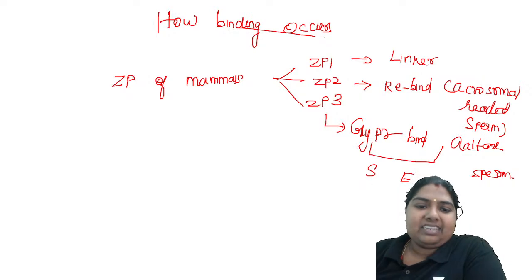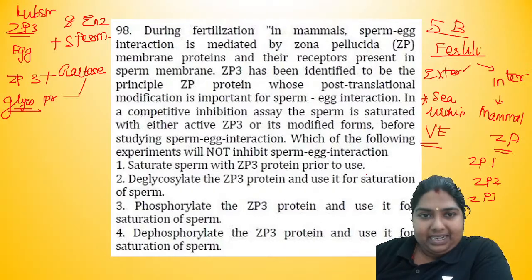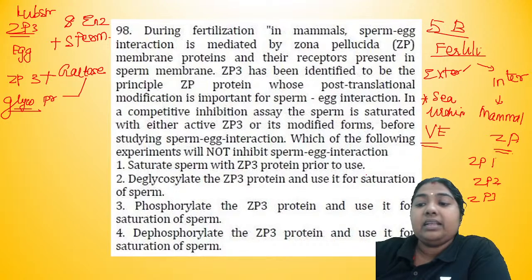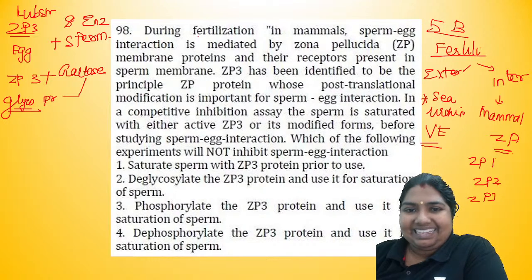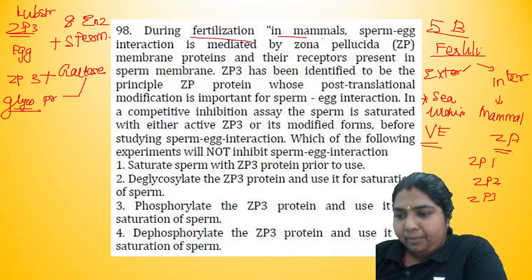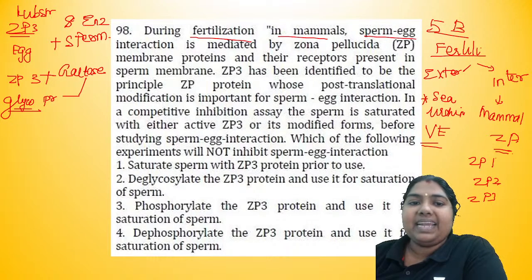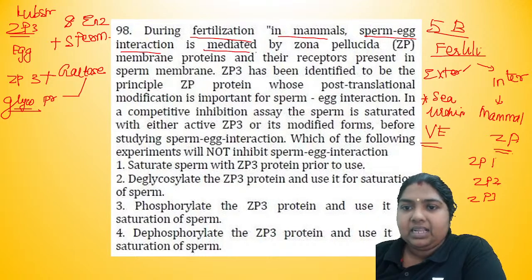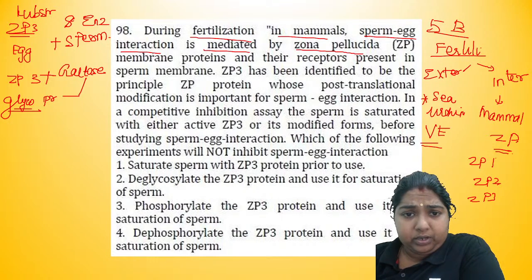Clear? Okay. So now let us see in this question, you will understand more depth from this aspect. During the fertilization in mammals, the sperm egg interaction is mediated by Zona Pellucida. It is a membrane protein.